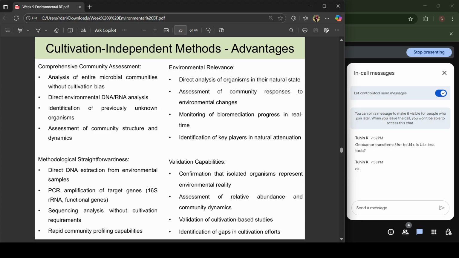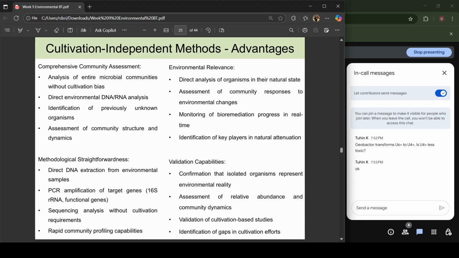We can identify the organisms that were previously unknown, and then we can go for assessing how the community works. So, how different microorganisms act with each other in a particular environment, and when there is some shift in the nutritional or environmental condition, how would be the dynamics of the environment. All this we can have a comprehensive assessment of.